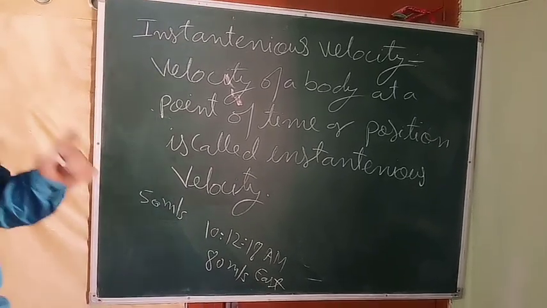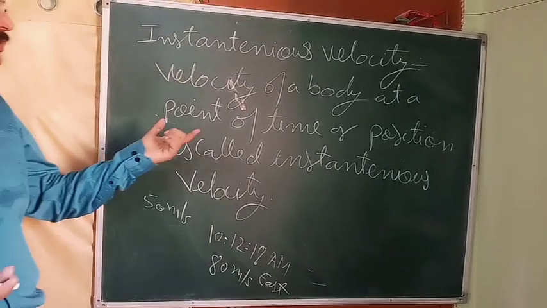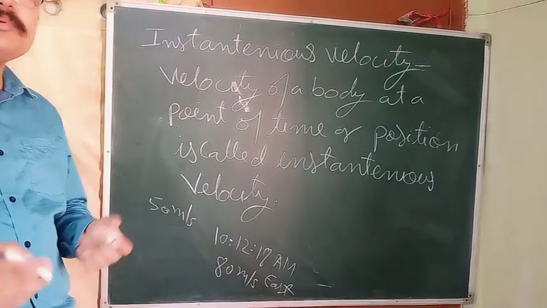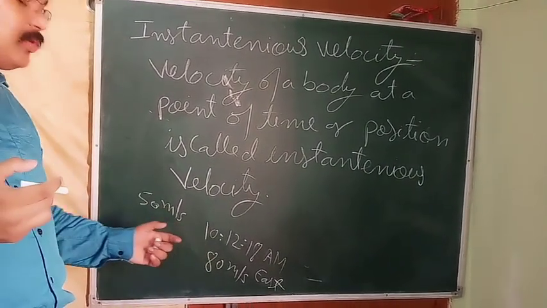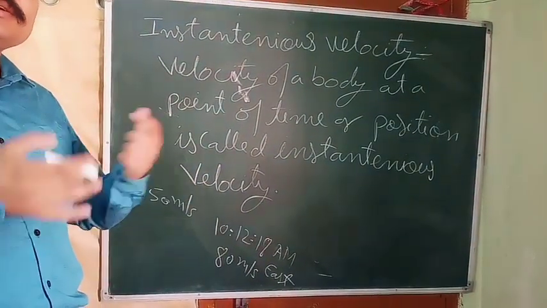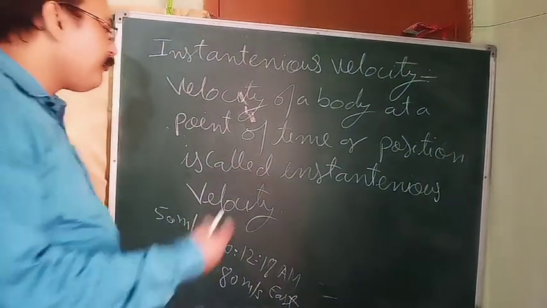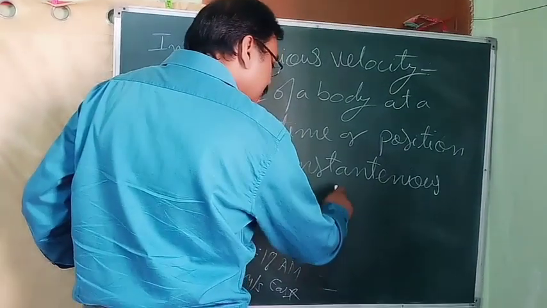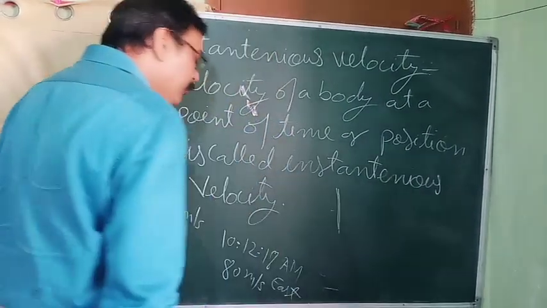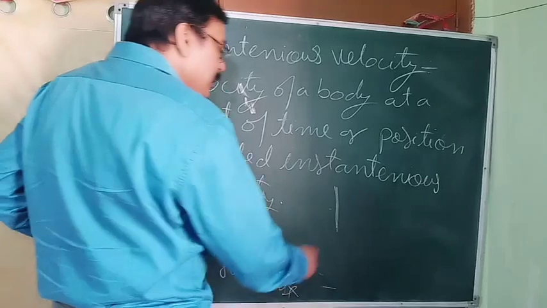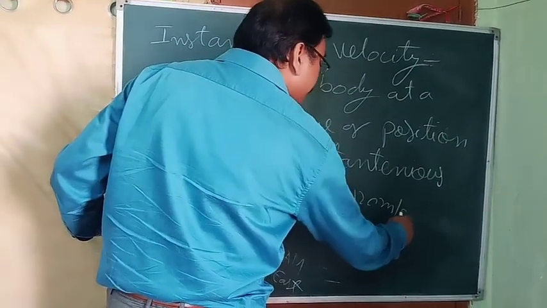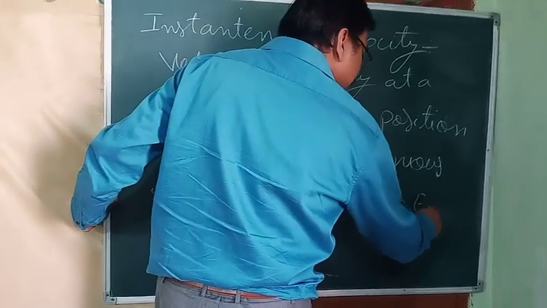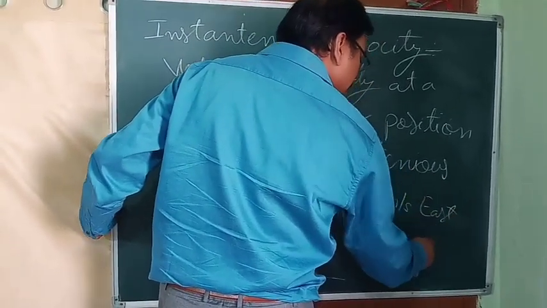Now, with respect to position also, we can say instantaneous velocity is there. Suppose you are riding in your car and moving towards east with a certain velocity, and it is going on. And what happens? You find an electric pole. While crossing the electric pole, what you found? The velocity of your vehicle was, suppose, 120 meter per second, and direction was east.